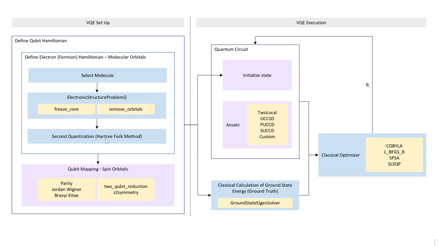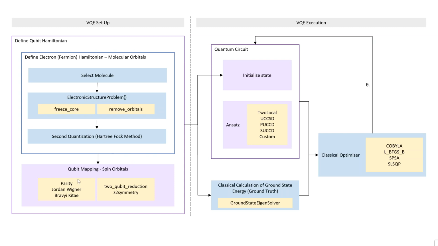Then we want to use the Hartree-Fock method to get the second quantization of the system, which is basically just a way of expressing the system in terms of quantum mechanical field operators. We'll talk about that in a bit. Once we've defined that, nothing here is anything quantum yet, so then we're going to convert it to a system that can be computed in quantum mechanical terms and translated to qubits.